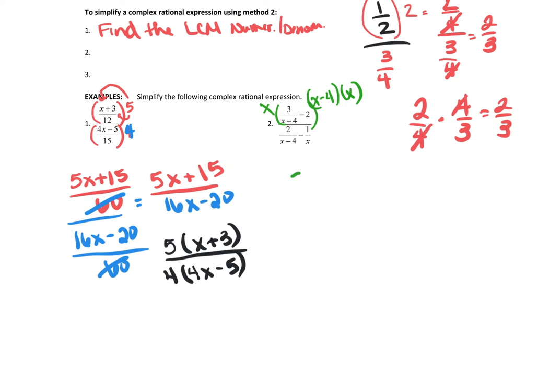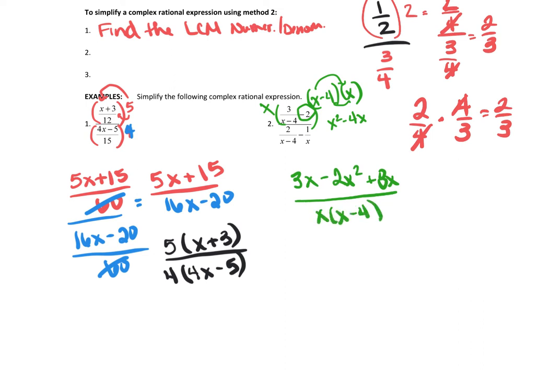So I'll get this, 3x minus, and then realize that x minus 4 times x is just x squared minus 4x. I'm going to multiply that by this negative 2. So it'll be a negative 2x squared plus 8x over the common denominator, or the LCM, which is x times x minus 4.